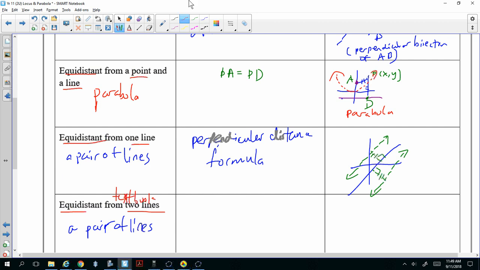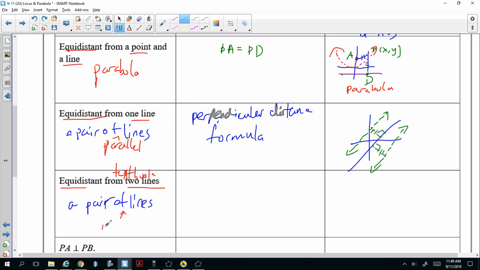Let me draw a diagram so you see that example. So you get 2 lines here, and then this line will be equidistant from these 2 lines. So you get a line here, or you can get a line there. That's the locus. Again, use the perpendicular distance formula.